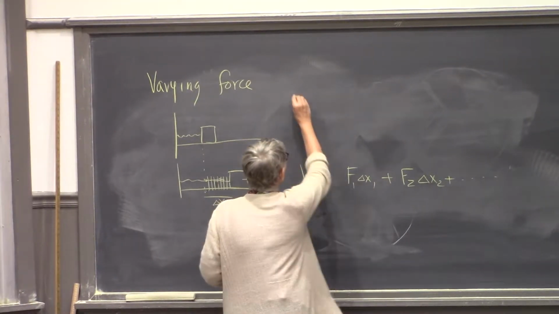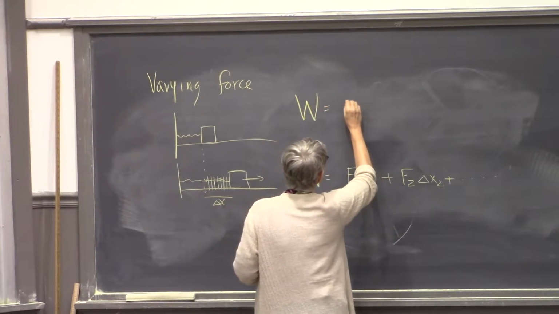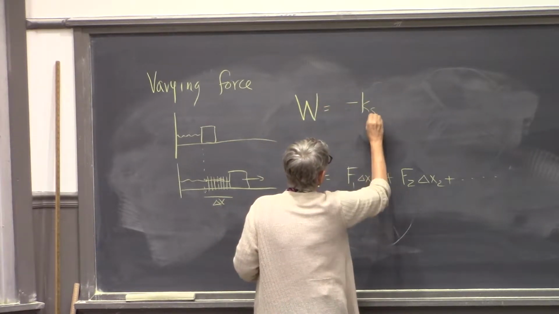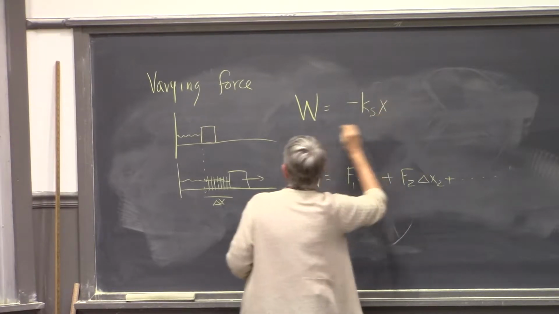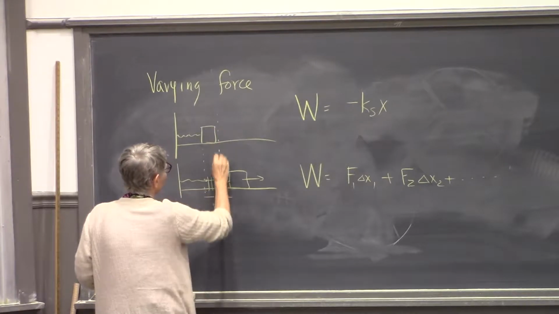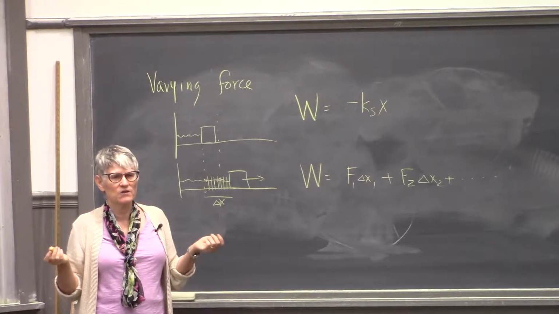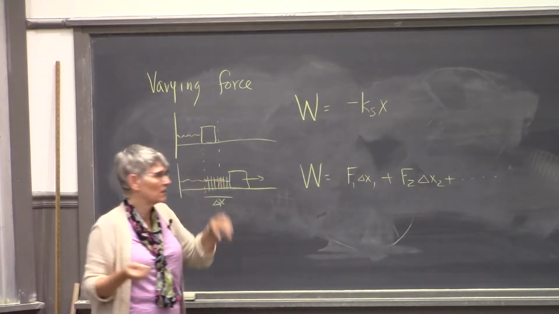And so the work would be the sum of minus k sub s times x, where we're again taking our coordinate system where x is 0 when the spring is relaxed, like we did the other day.